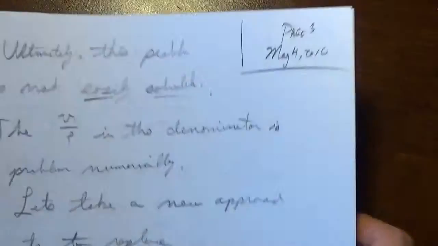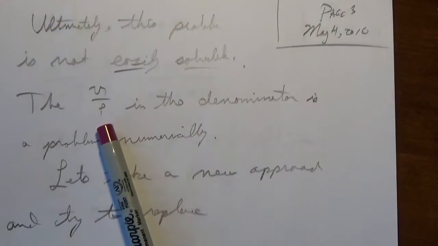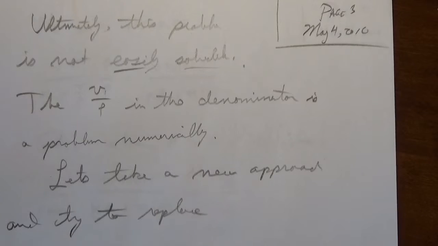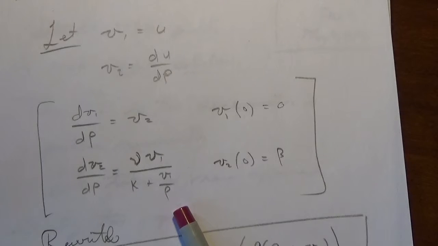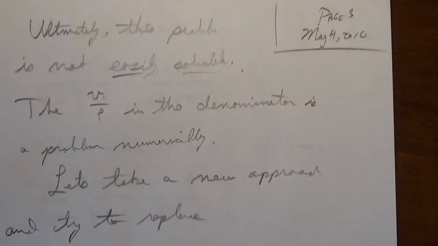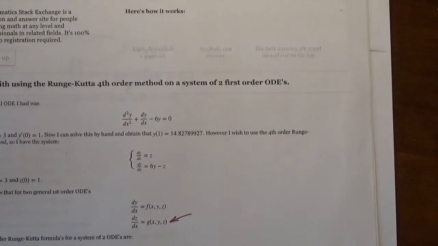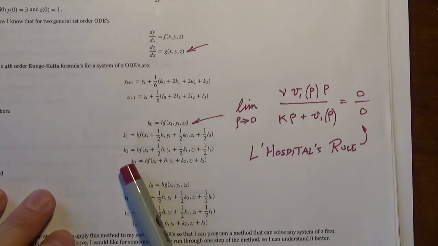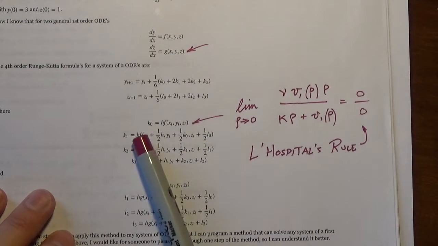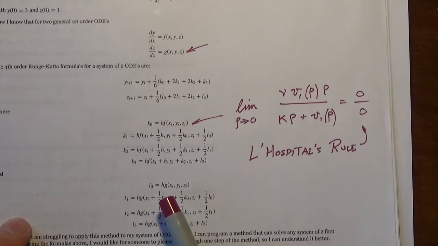Ultimately, though, there's going to be a problem here, and it has to do with the fact that we've got all of these 1 over rho terms in the right-hand side of our expression. If you look at this first term, in Runge-Kutta you are solving for a set of 4 parameters, which in this one they're calling k0, 1, 2, 3, and the second parameter, which we call L0, 1, 2, 3.